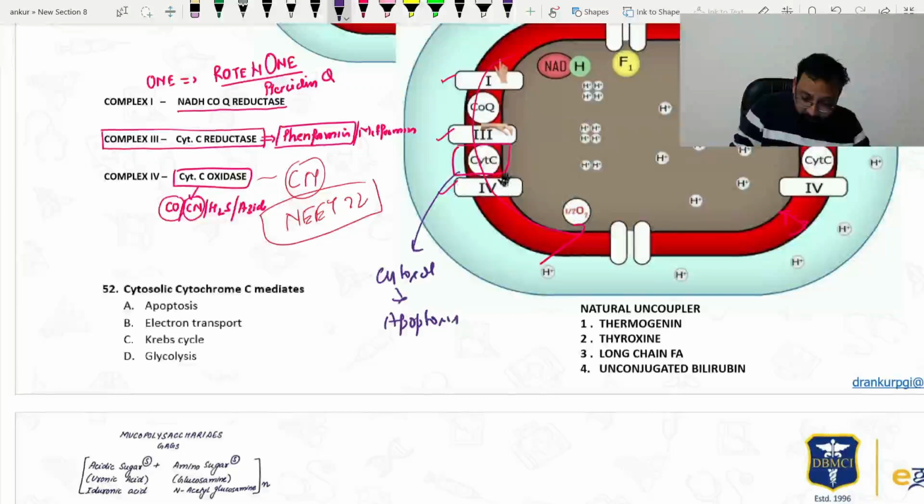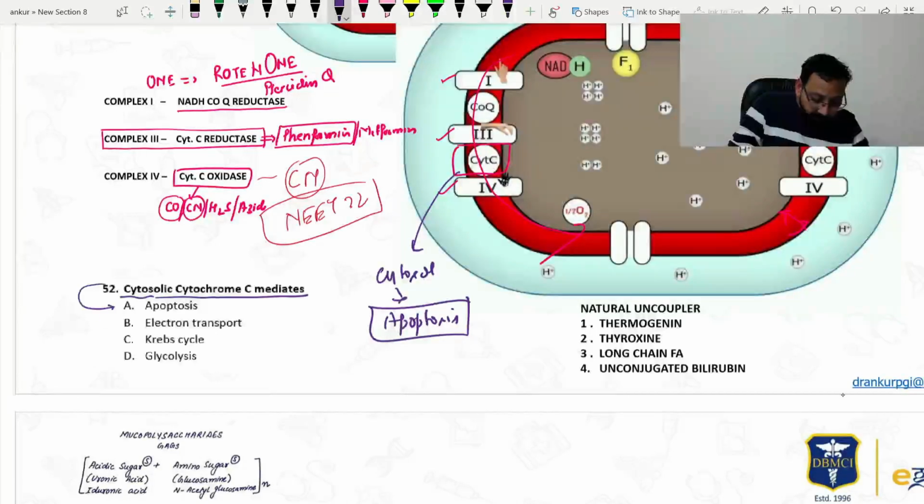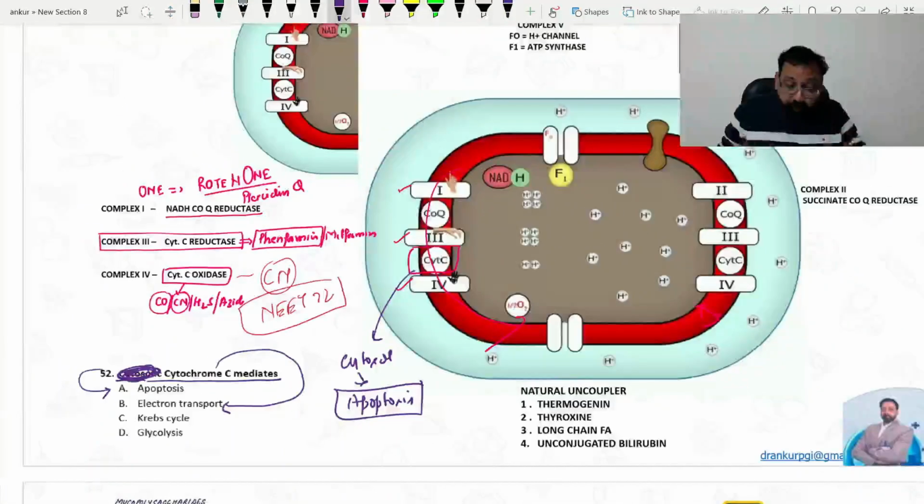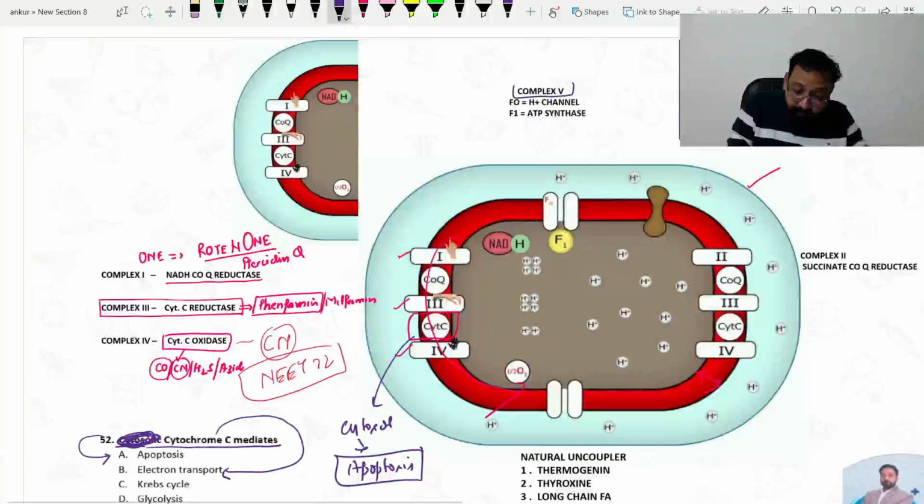So a question is asked: cytosolic cytochrome C mediates, the answer is apoptosis. In the same question, if they remove the word cytosolic and only say cytochrome C mediates, the answer would be electron transport chain.